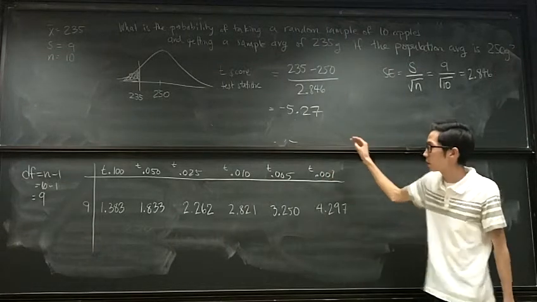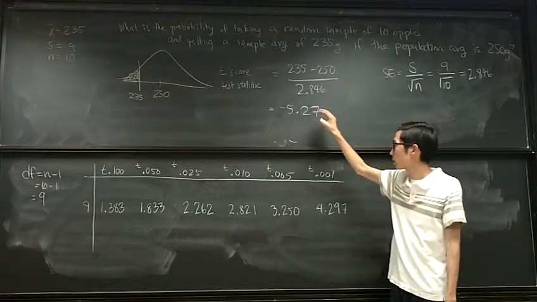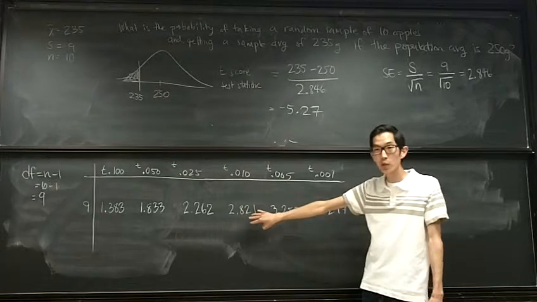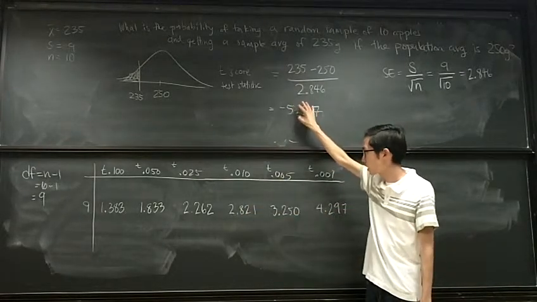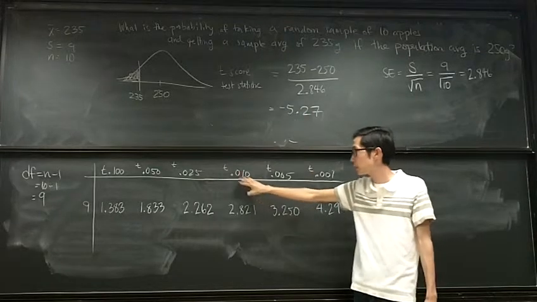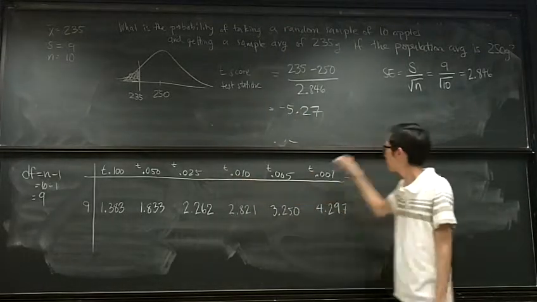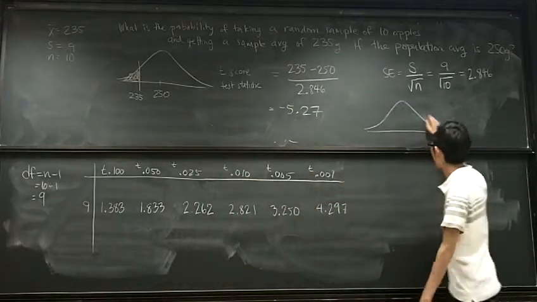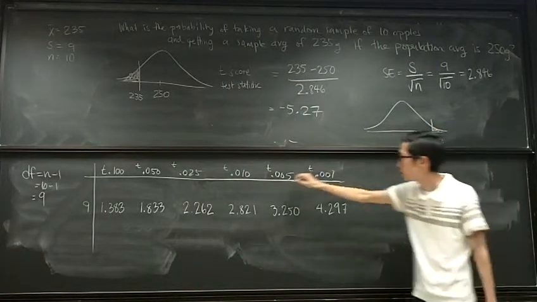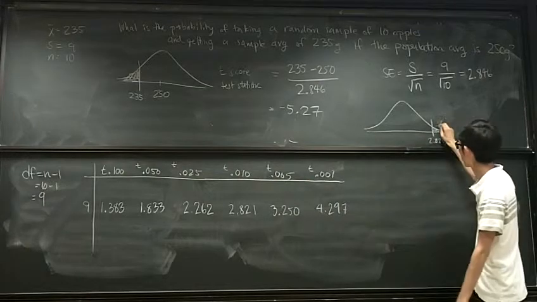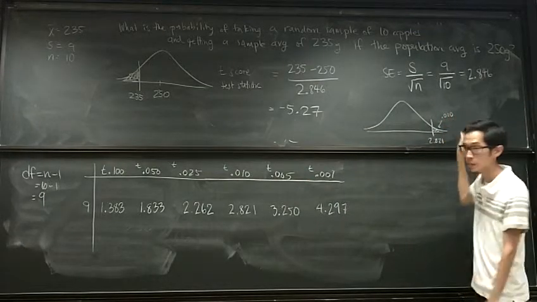Just ignore the negative sign if you get one. Okay. This says if I got the number 2.821 and I had 9 degrees of freedom, the amount in my tail would be 0.010. That's what this says. Does that make sense?